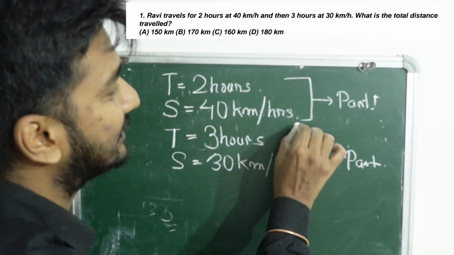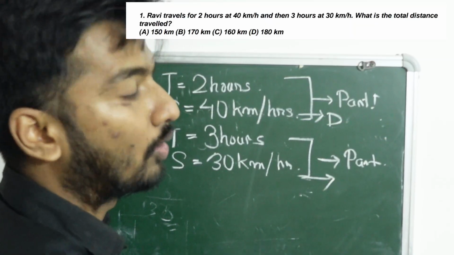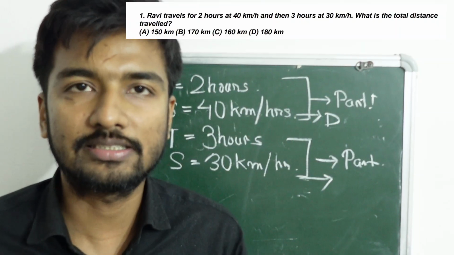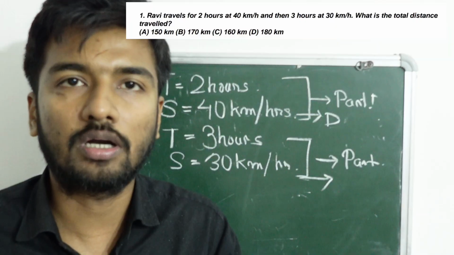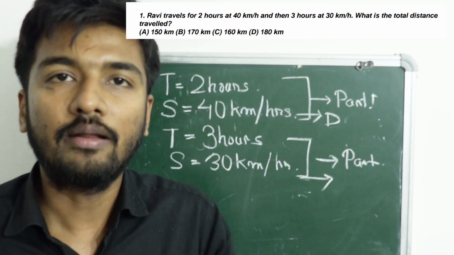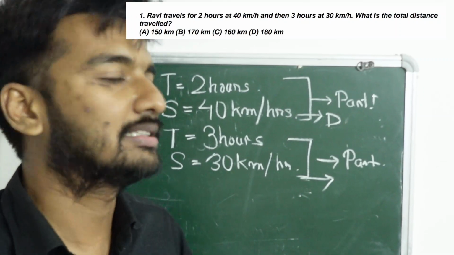We have to find the distance of this and the distance of this. And again it says, what is the total distance? Total distance means you have to calculate the distance of the first part and the distance of the second part, and then add up, and it will bring the total distance traveled.